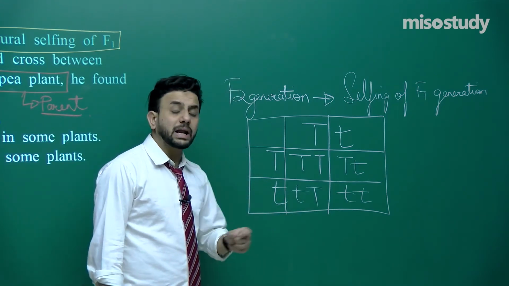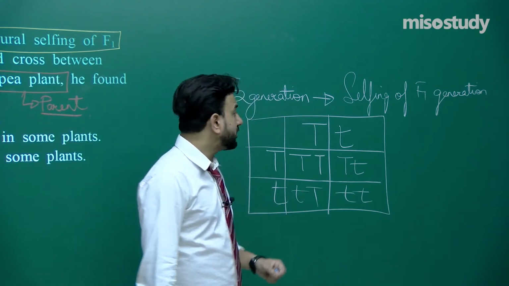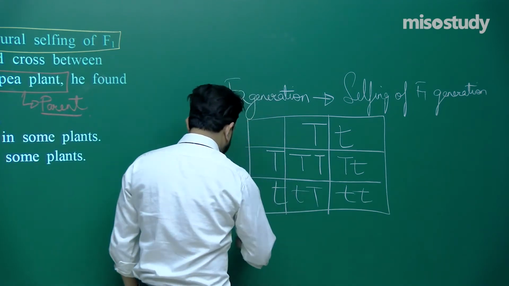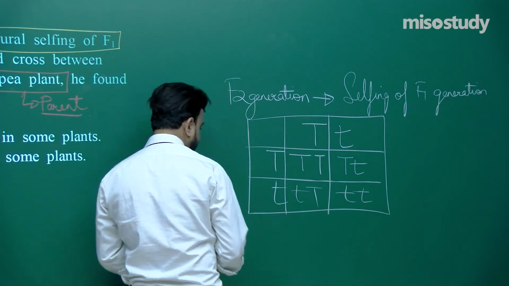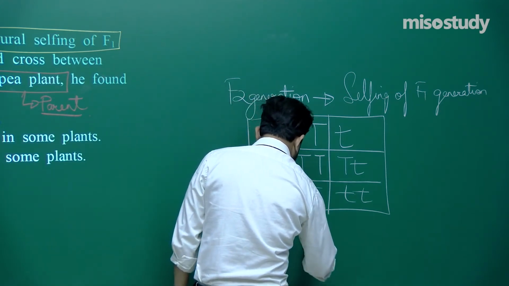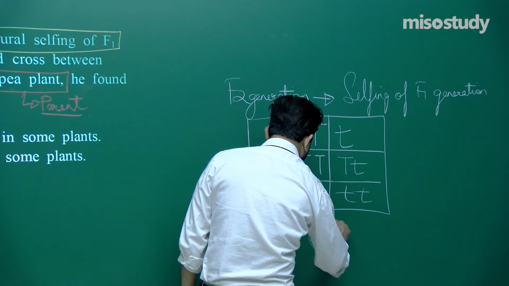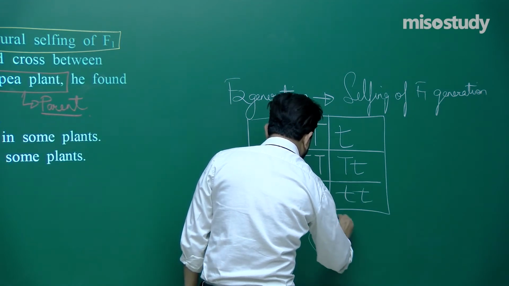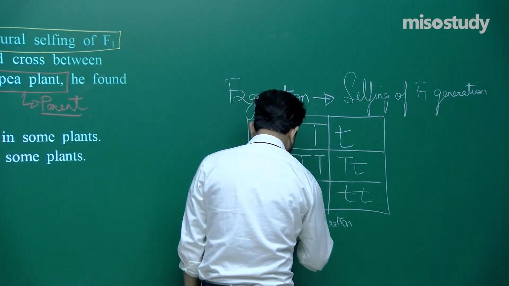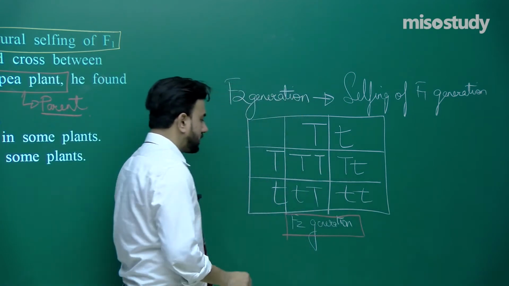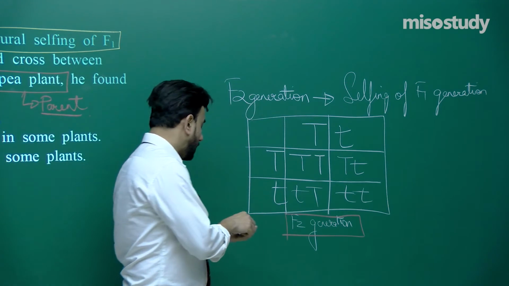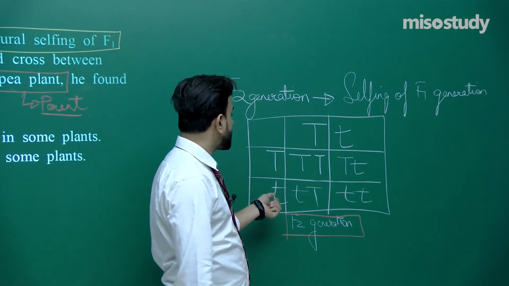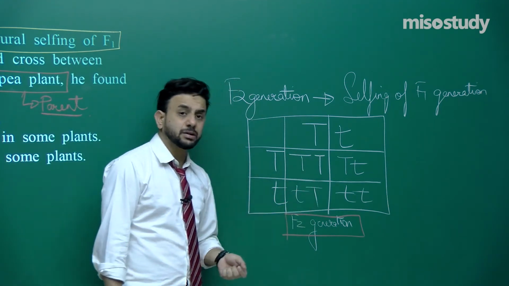You saw that in the F1 generation, all the 4 plants, you remember? Okay, first I'll write this F2 generation. This is F2 generation, right? Now what are we seeing here? In the F2 generation, we will see these things.